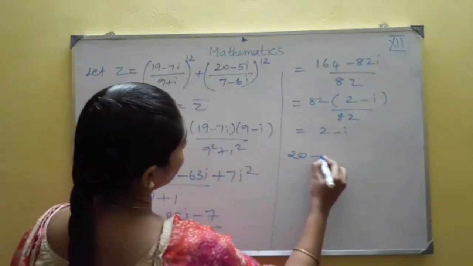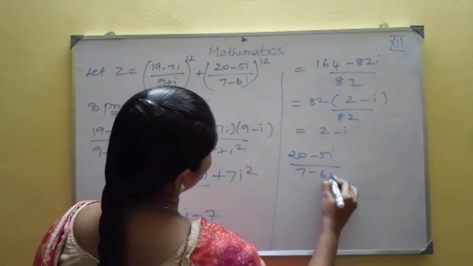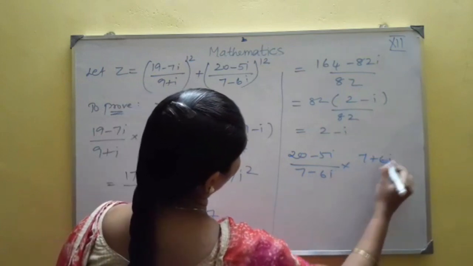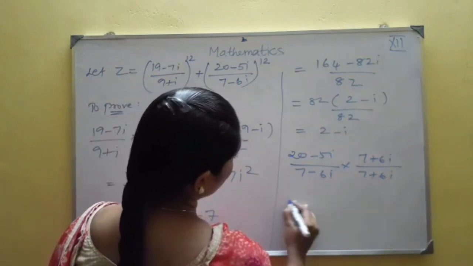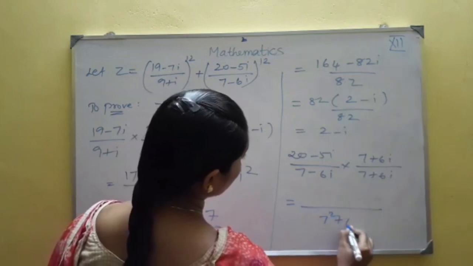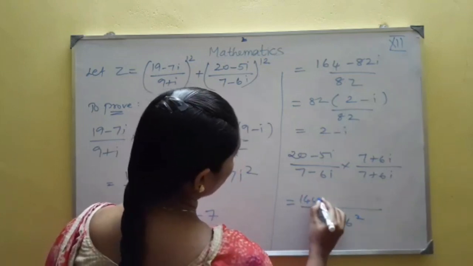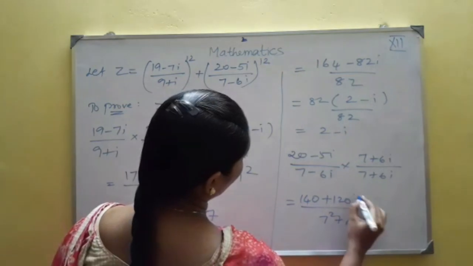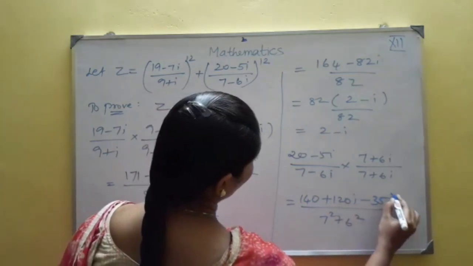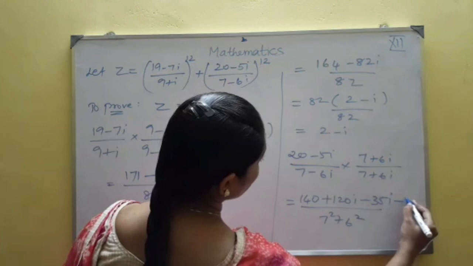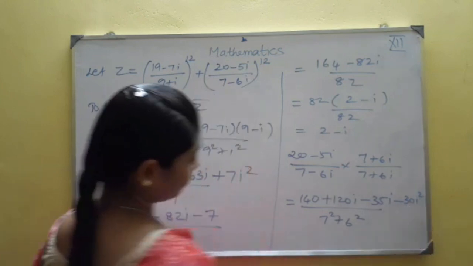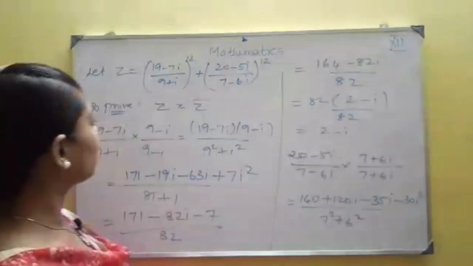For the second part, 7 minus 6i, so I am taking the conjugate over here. In the denominator, 7 square plus 6 square, and the numerator 140 plus 120i minus 35i, 6 fives are 30i square.